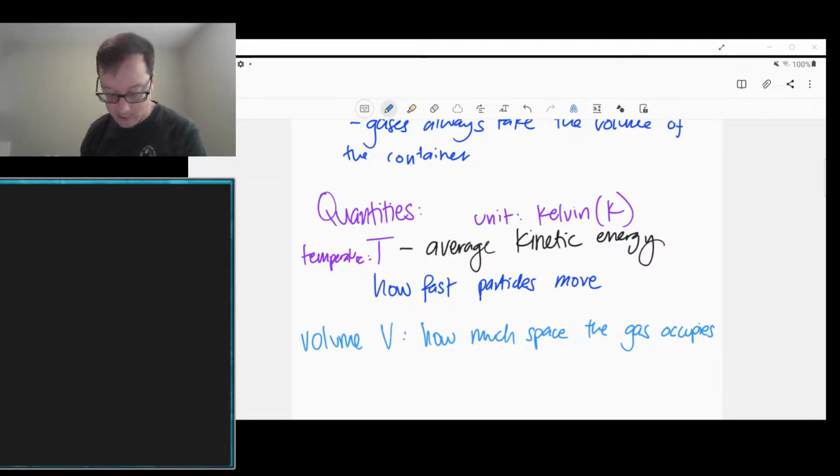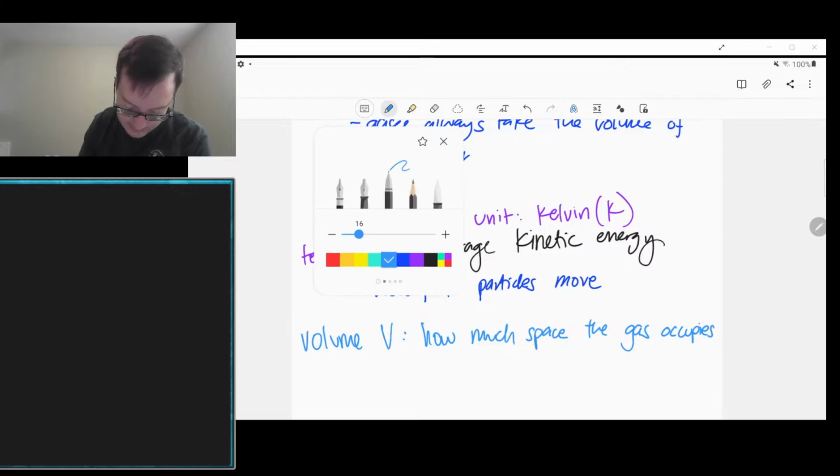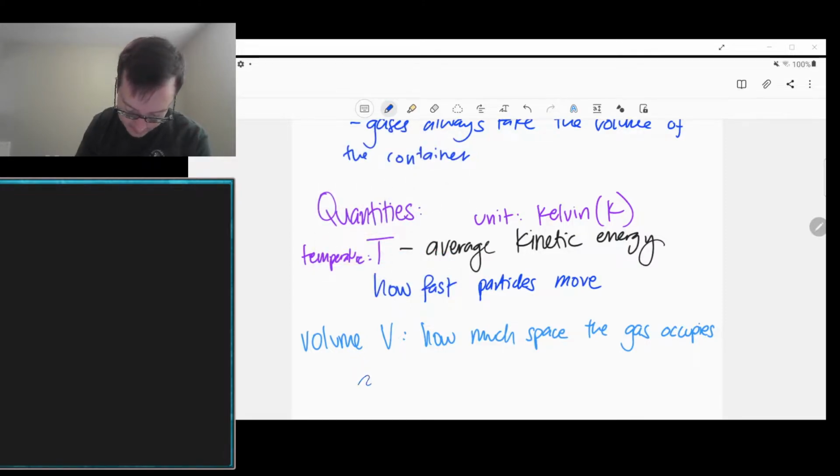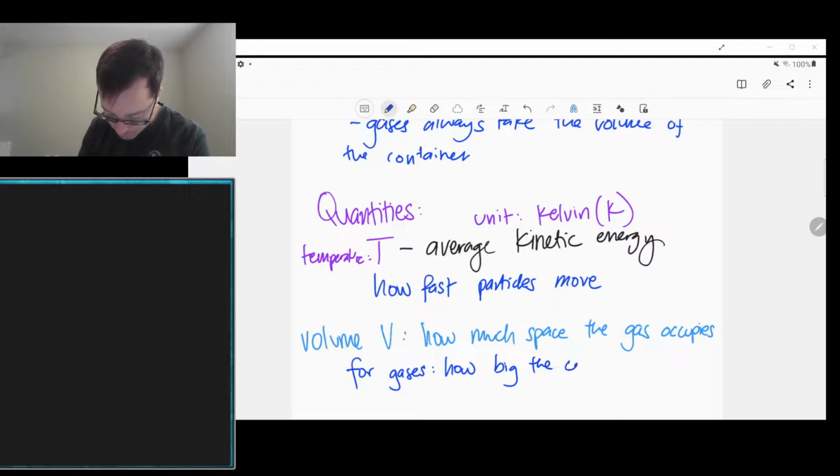And for gases, that is how big the container is, because we don't really look at the gas itself. We know that they will fit whatever container we put them in. So if we know the volume of the container, we therefore know the volume of gas that's within it.